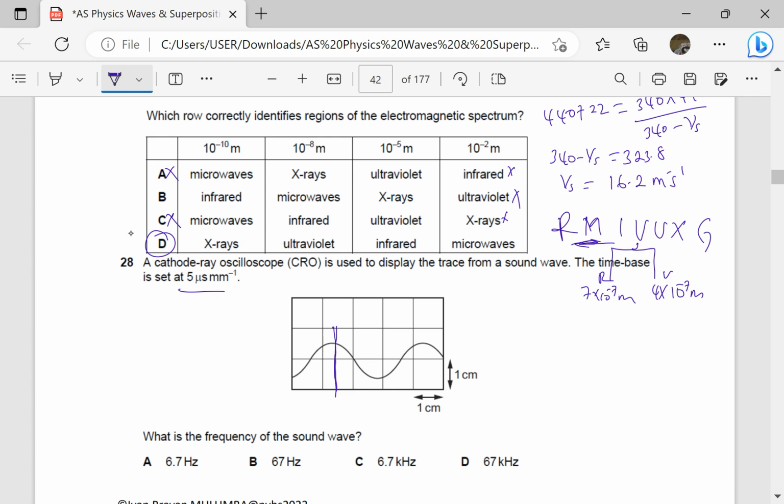Okay, we can estimate. Let's think that one cycle stops here. Maybe this is a repeat of the second cycle. So this is 1, 2, 3. So one cycle is 3 centimeters.